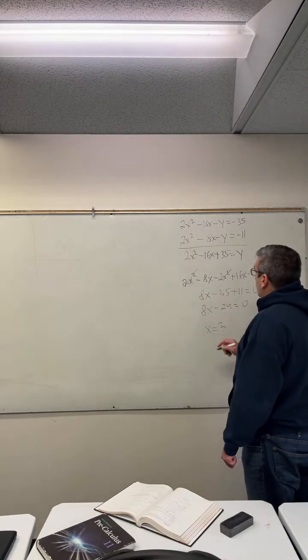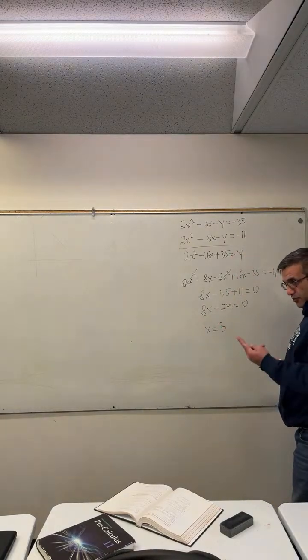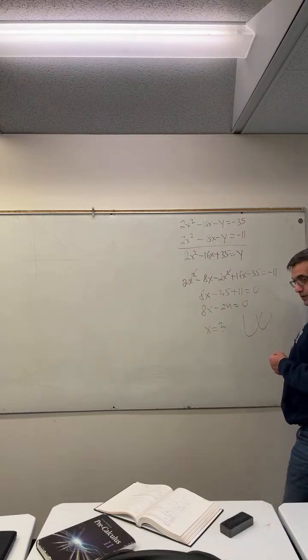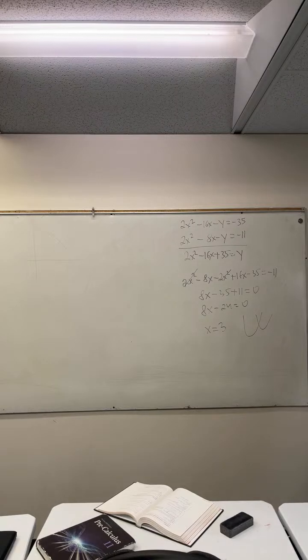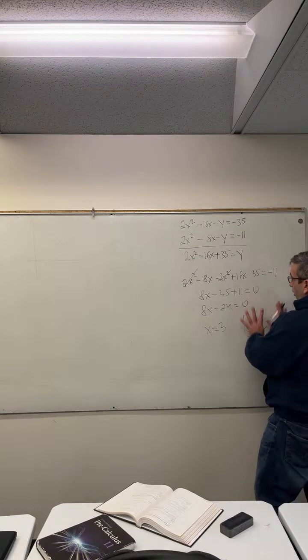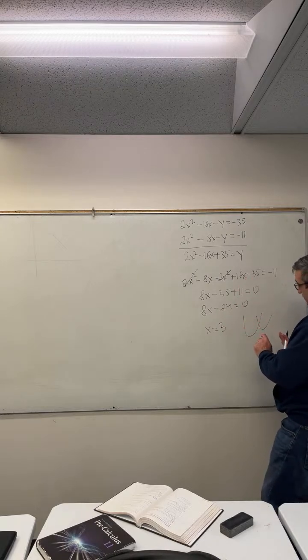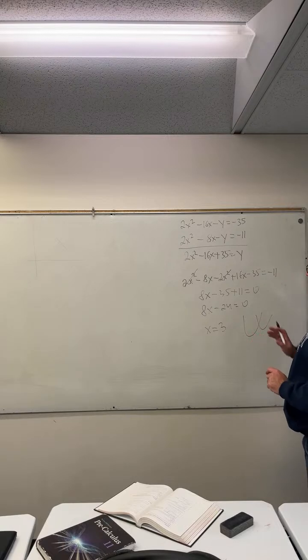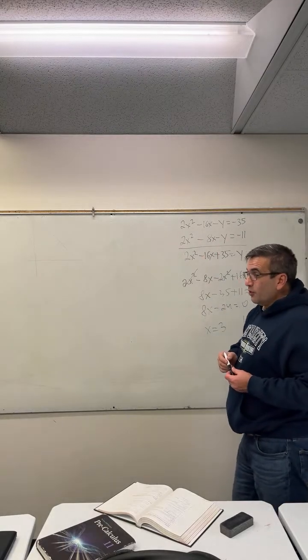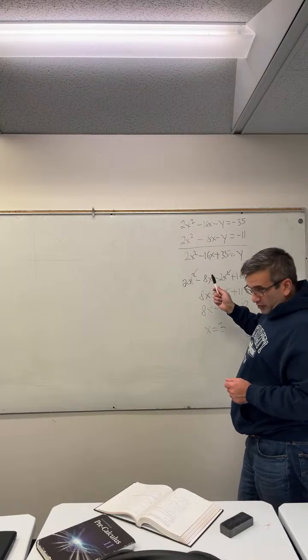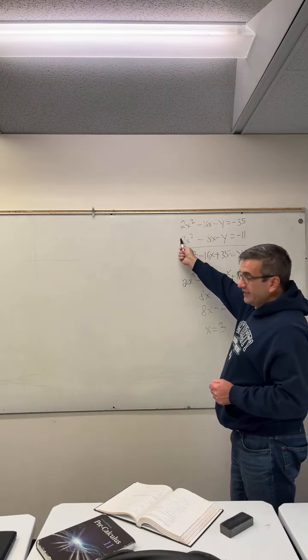So we have two parabolas, and two parabolas have one point of intersection. Why? Because of their orientation, they open up. How do you know they open up? What tells us? The positive 2x squared, the leading coefficient.